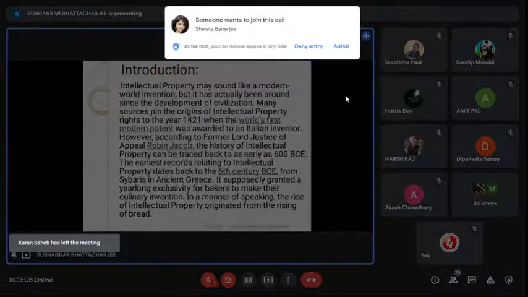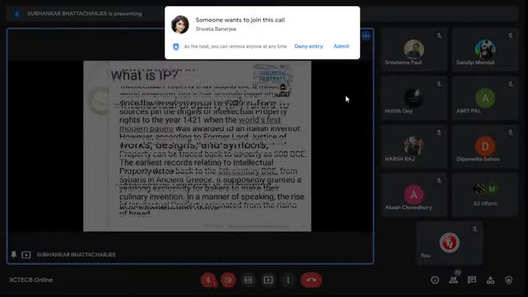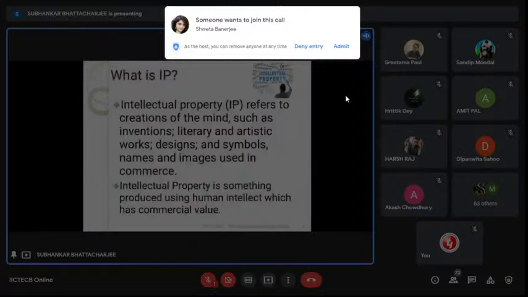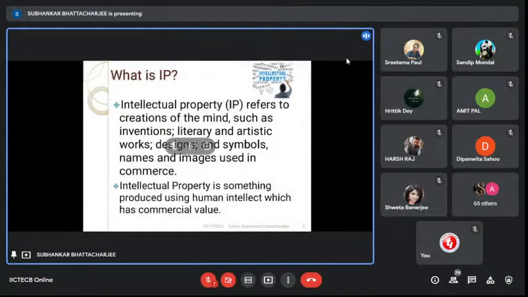So next, look at the next topic. Already I have told you that intellectual property refers to creations of the mind such as inventions, literary and architectural works, designs, symbols, images and commerce.